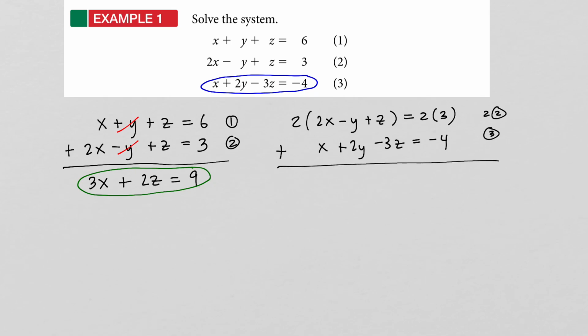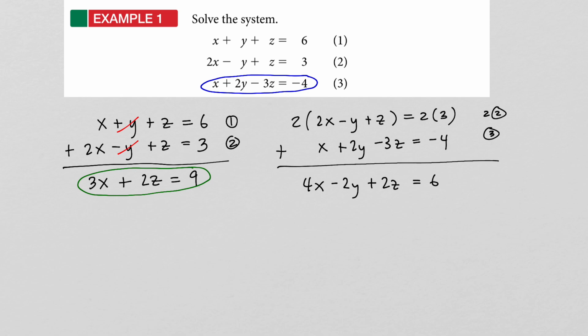So here I've outlined what I'm doing. I have 2 times equation 2, that's right here, multiplying both sides by 2. And then equation 3 stays the same. So let's go ahead and do the math here. 2 times 2x is going to be 4x. 2 times negative y is going to be negative 2y. 2 times positive z is positive 2z.